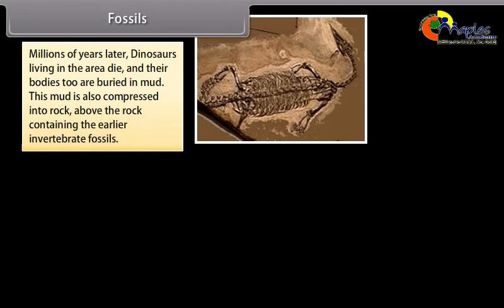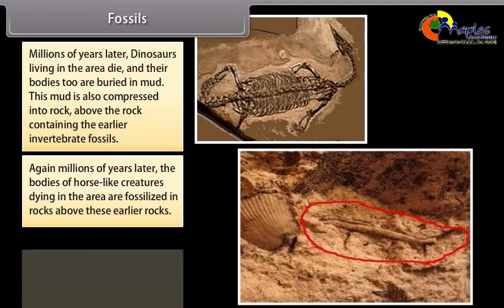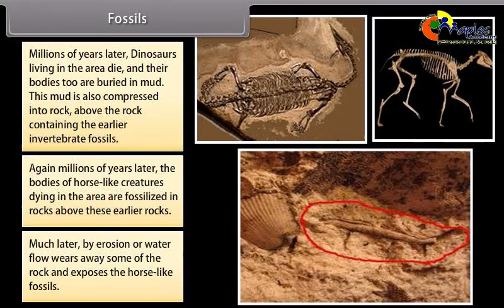This mud is also compressed into rock above the rock containing the earlier invertebrate fossils. Again, millions of years later, the bodies of horse-like creatures dying in the area are fossilized in rocks above these earlier rocks. Much later, erosion or water flow wears away some of the rock and exposes the horse-like fossils.